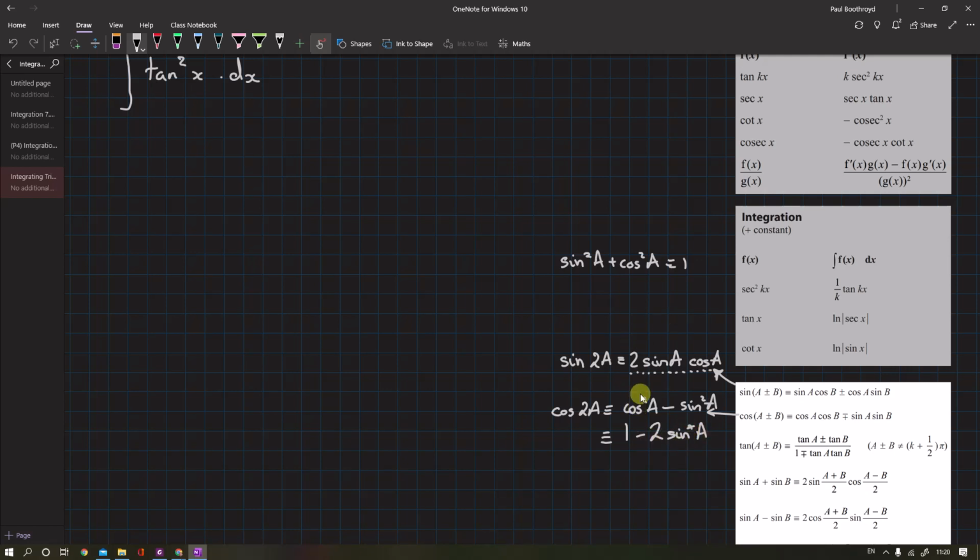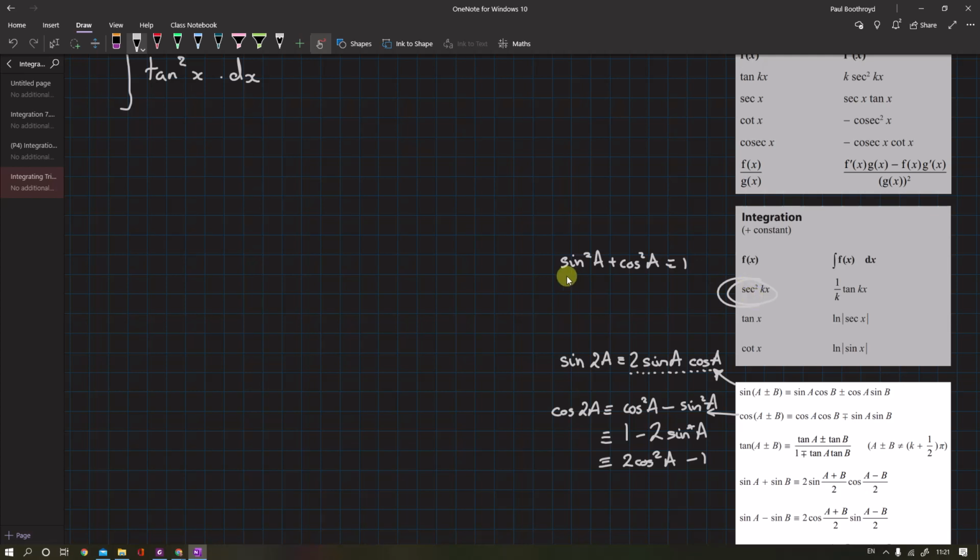And if we rearrange for cos squared, it becomes 1 minus, which can also be 2 cos squared a minus 1. Got those identities. A common one, because of this sec squared, is that we can divide through by cos squared.